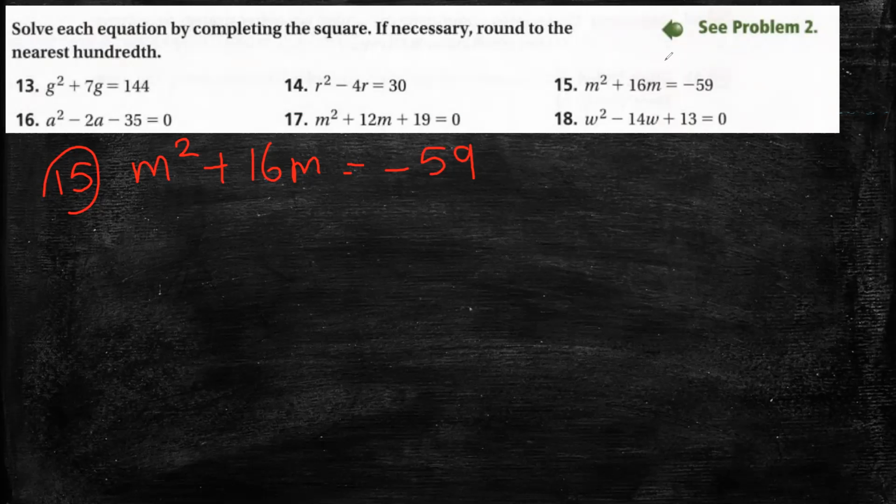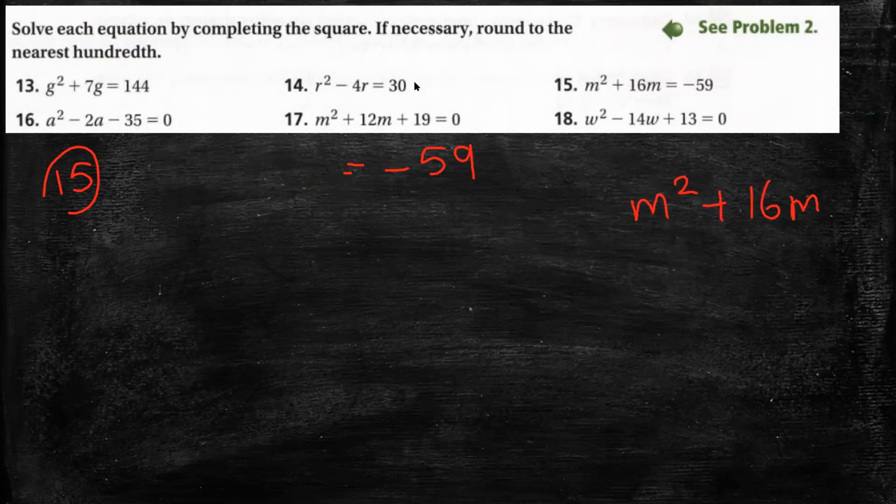So m squared plus 16m equal negative 59. As I told you, this is a quadratic equation, but it cannot be factored to find the solution by factoring. So we have to use another way. I will go to the first side and complete the square for it.